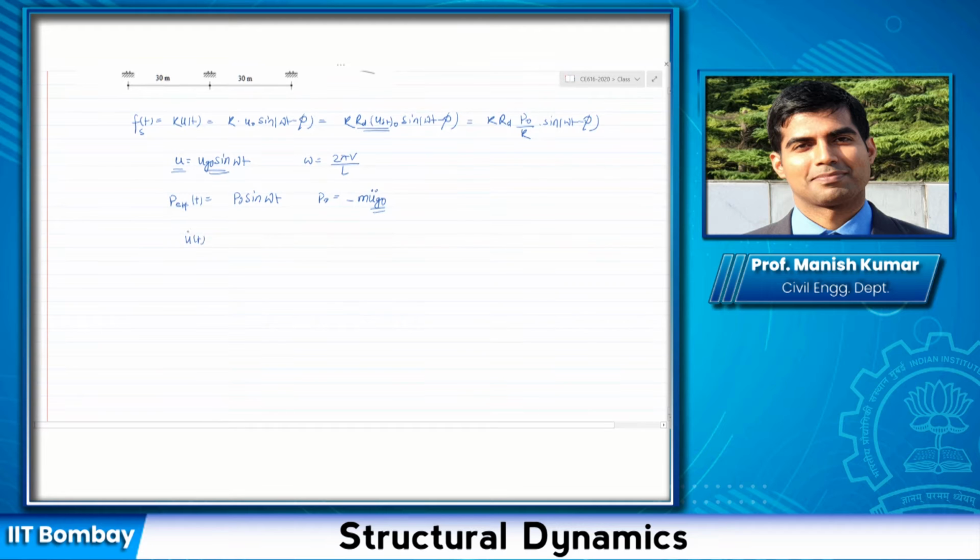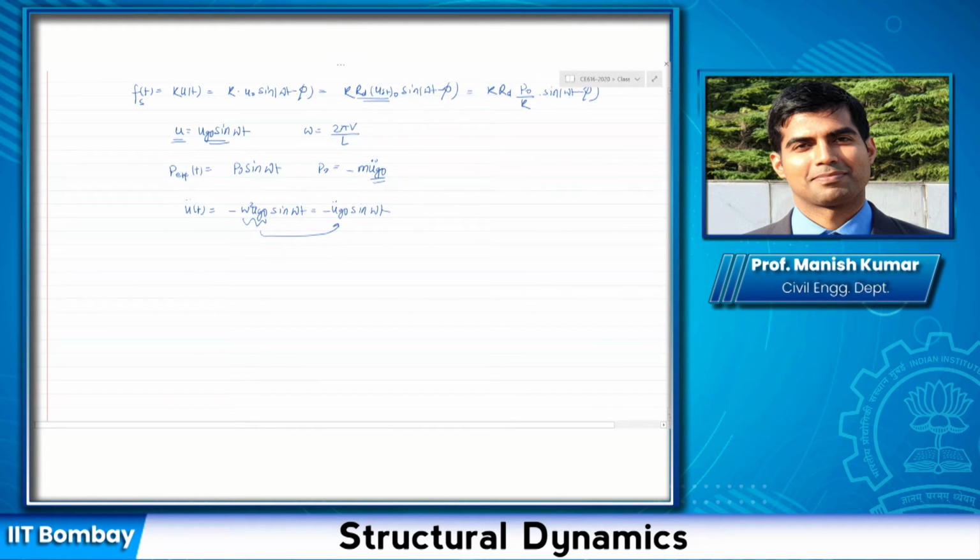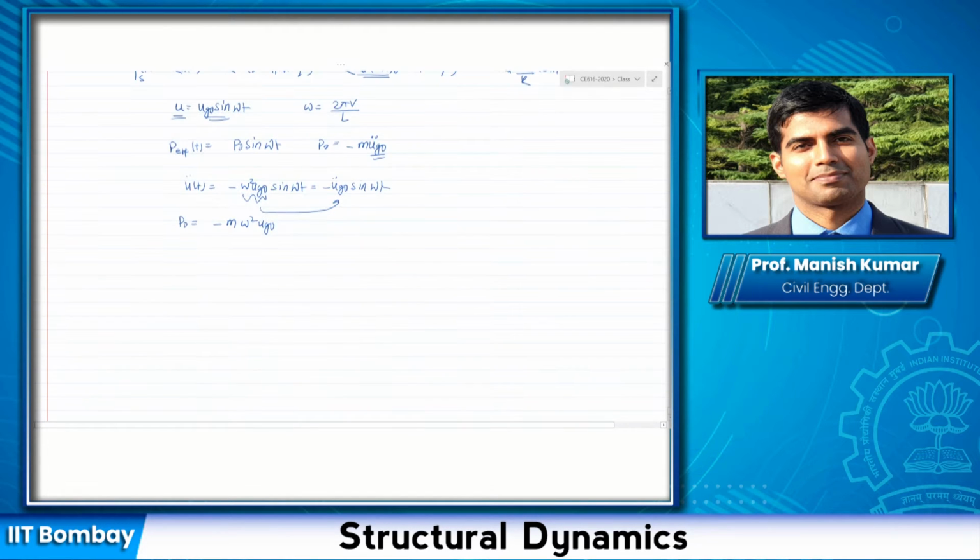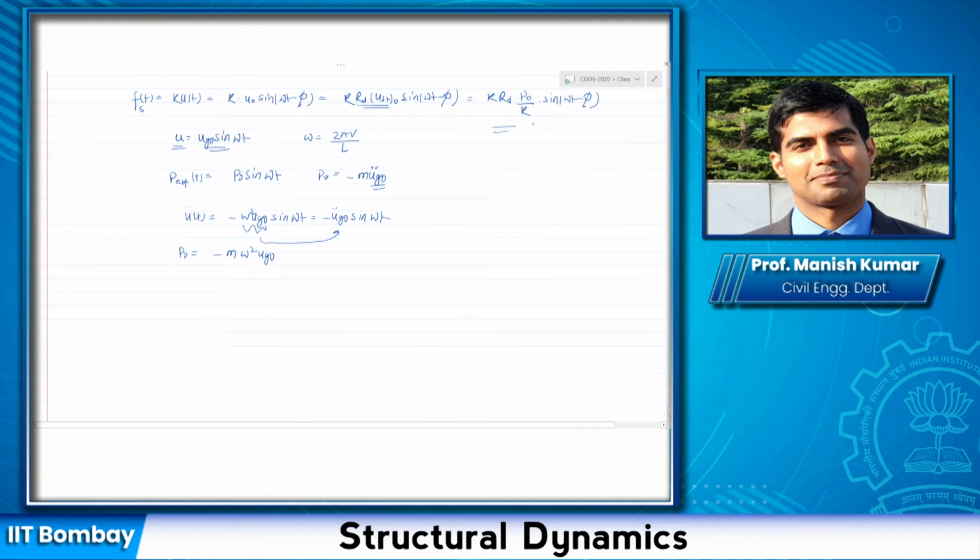If I do that, I will get minus omega square ug sine omega t, and I can write this as minus ug naught sine omega t, where this is the quantity which is your peak ground acceleration. So I can substitute back here, and I get P naught as minus m omega square ug. Then I can substitute in this equation.